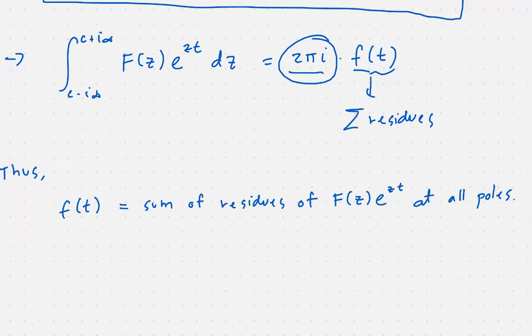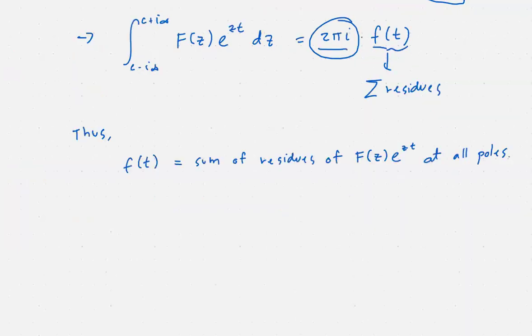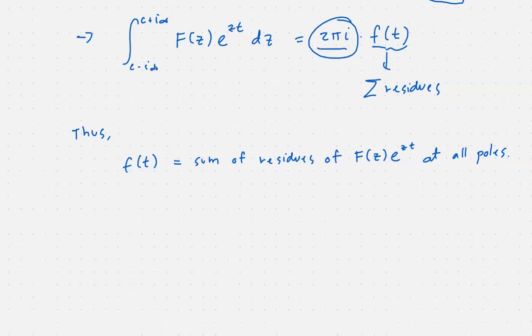You have to solve for the residue for all of the singular points. All right, so now that we know this formula, this is one of the applications of our residue theorem. Now, let's use an example to illustrate how this actually works.